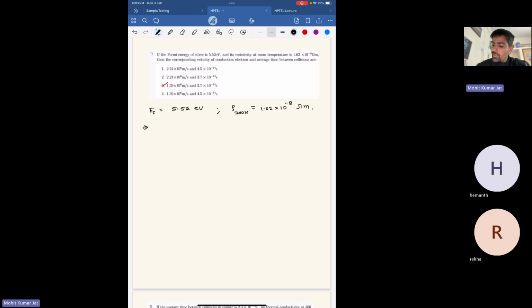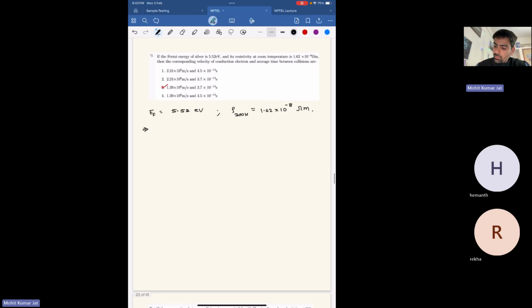Yeah, so the question is asking the corresponding velocity of the conduction electron. So we know that the corresponding velocity of the conduction electron will be nothing but, it's a free particle. That's what we assume because no potential is given, and EF is half mv square.